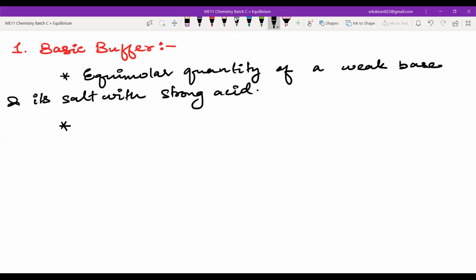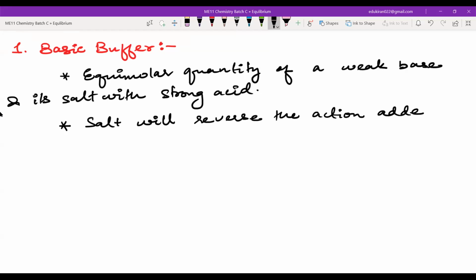Guys, the salt will reverse the action of added OH negative ions.